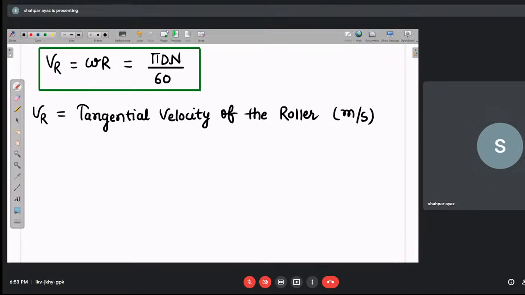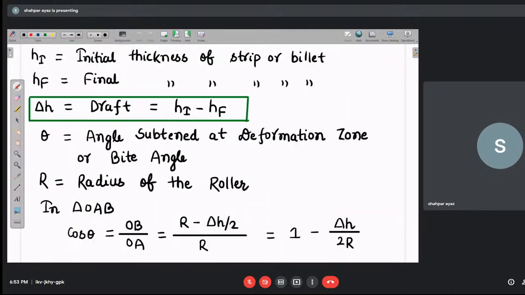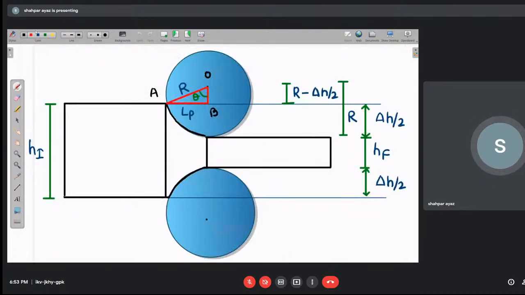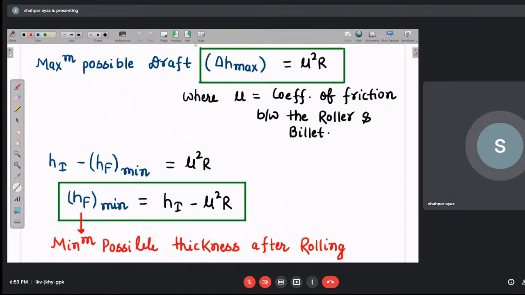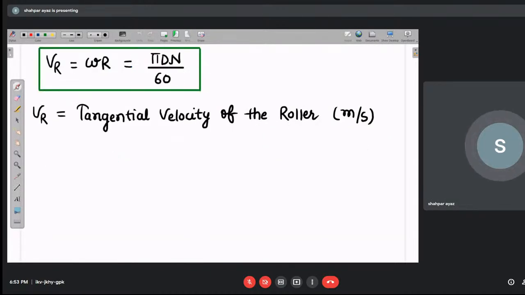Okay. Now, one more point. Suppose the billet is going towards the roller with VI velocity, and it is coming out from the roller with VF velocity. So what is VI? What is VF, everyone?